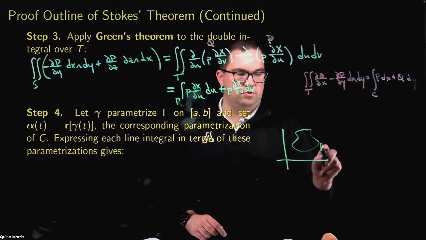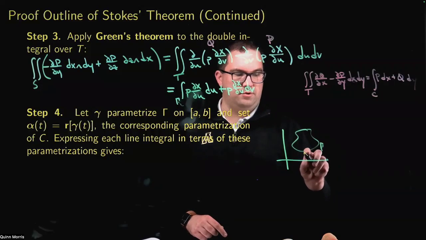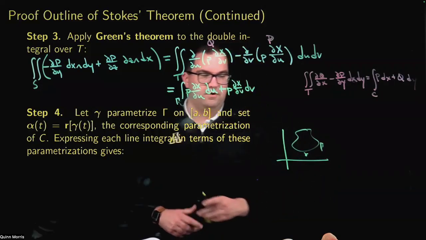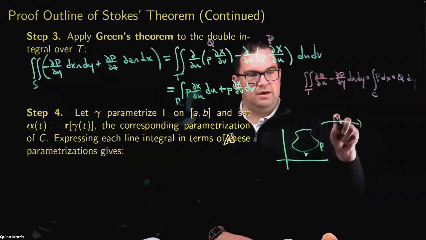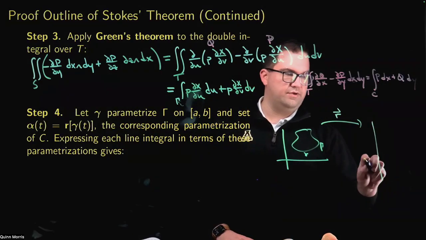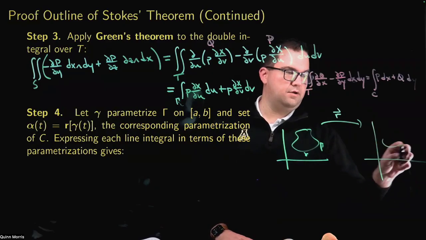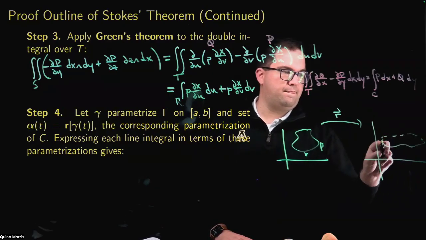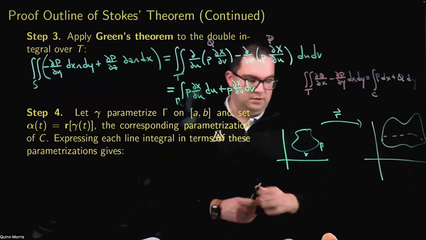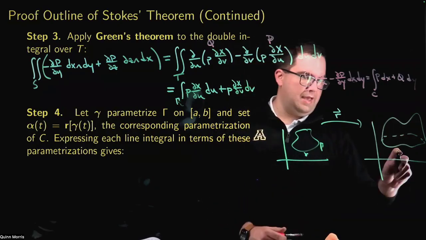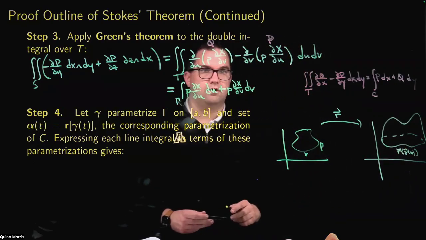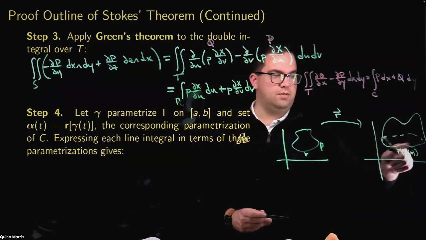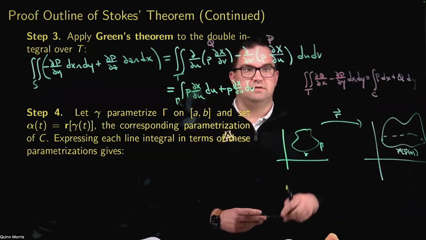Here's capital gamma. You parameterize it by the function lowercase gamma. But then you map that via r over to the surface, and so r of gamma of t is now giving you the boundary of this surface. Okay.